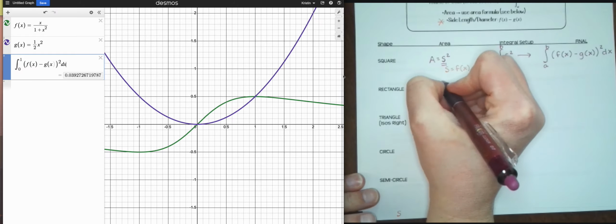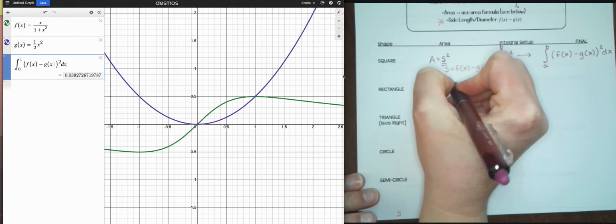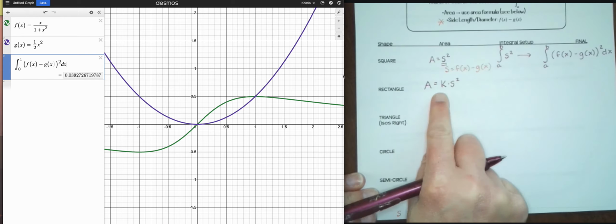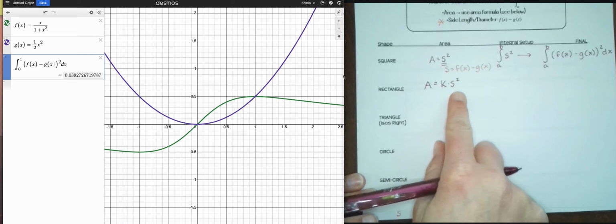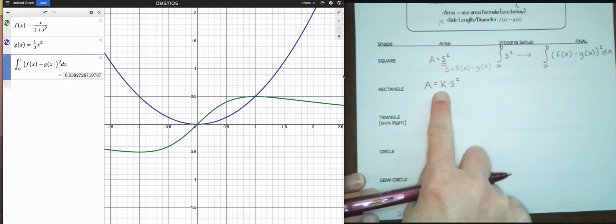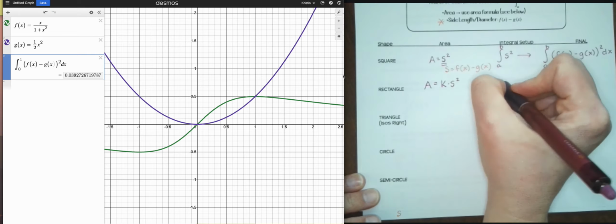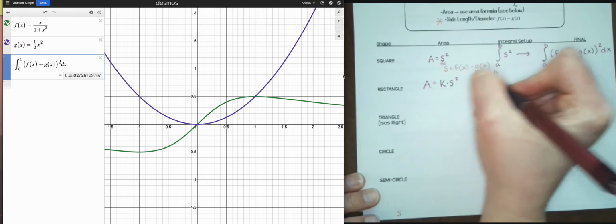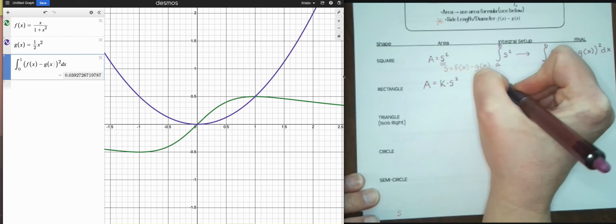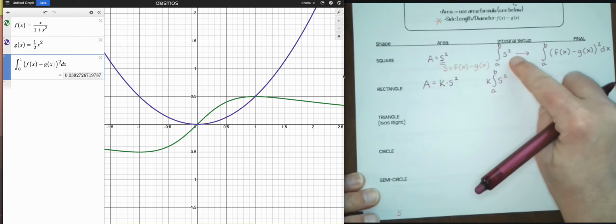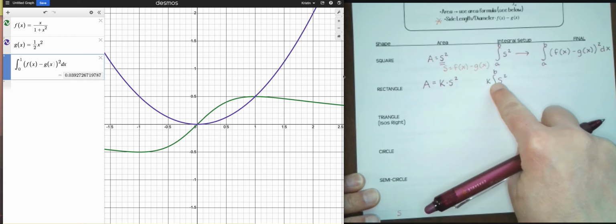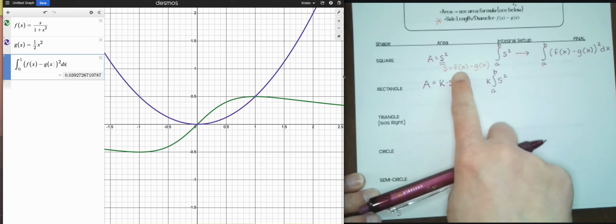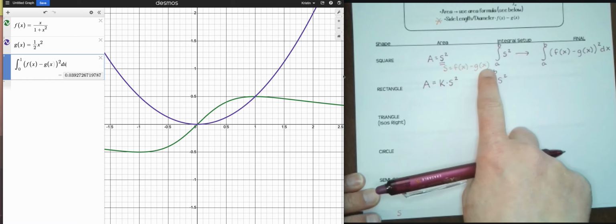So this is going to be written as k times s squared. It's always going to be some multiple times s squared. Well, that k is just a number, right? So when we write our integral, we can pull that k out front of the integral. So notice it's exactly the same as the square. It just has this number out in front. Okay? And my side length is still defined by f of x minus g of x.